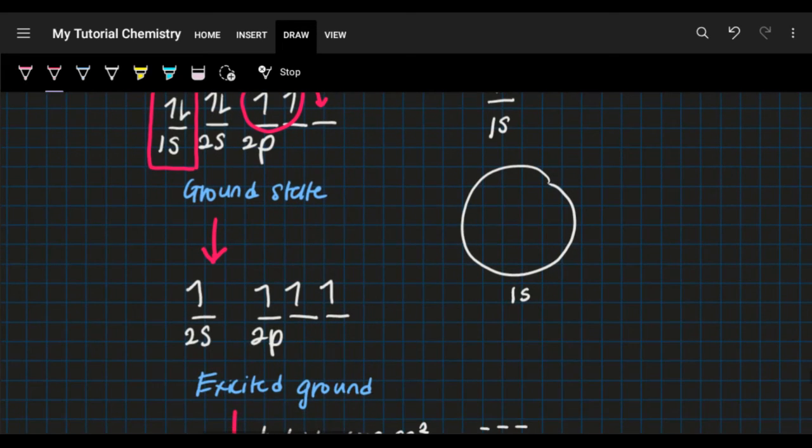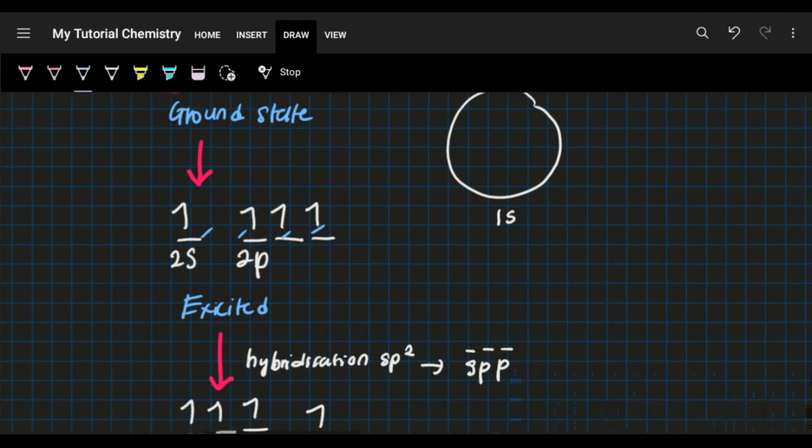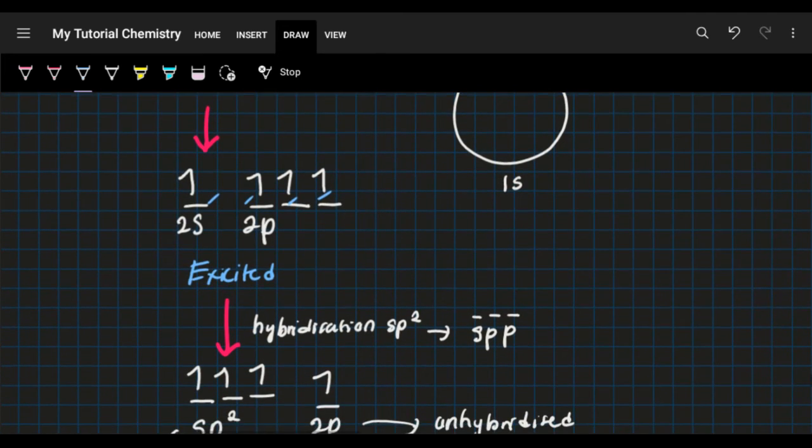Now at the excited state, carbon already has 4 single electrons, one single electron in each orbital. To undergo hybridization, carbon should be sp2.